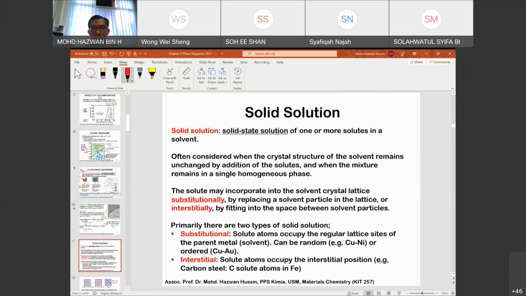Okay. There are 2 primary types of solid solution. You have substitutional or interstitial. Substitutional means that the solute atoms occupy the regular lattice positions, so they substitute, they swap places. Interstitial means that the solute atoms occupy the interstitial positions. They will exist in between the solvent atoms.